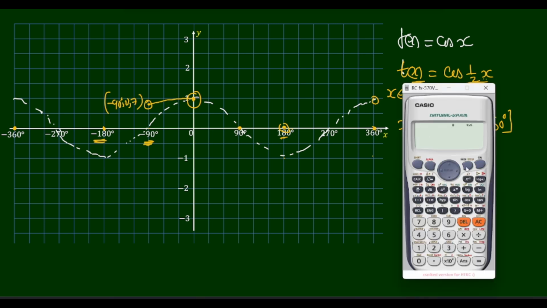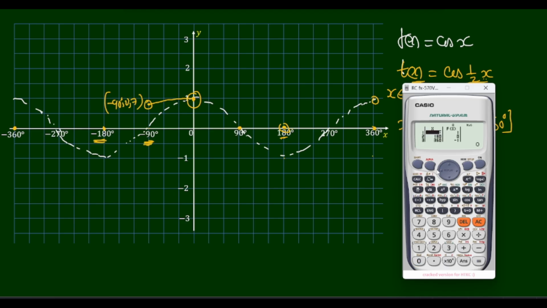Let's try to do that. Right, let's say mod, we put our function. In your calculators, maybe number 3 there. Here is 7. And then we say cos, and then half, 1/2, and then alpha x, and then close the bracket, and then equals, and then this is start 0, and then end 360, and then step is 180 now, 180 degrees, and then equals.